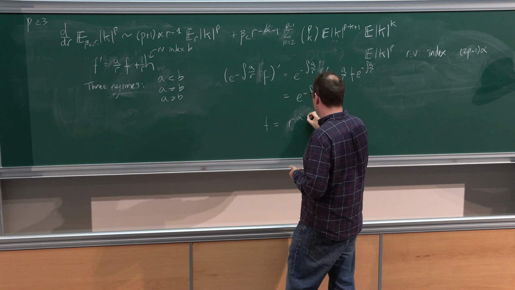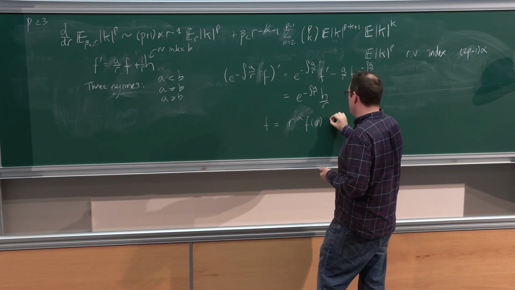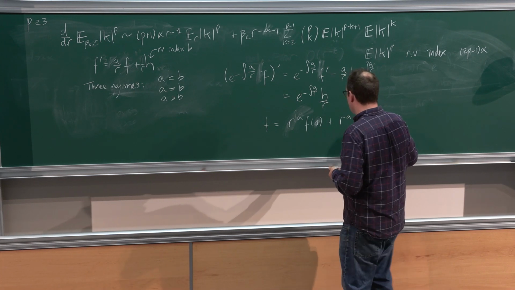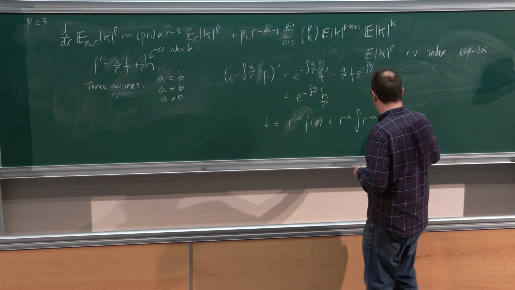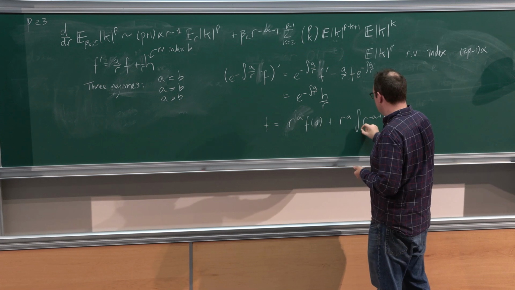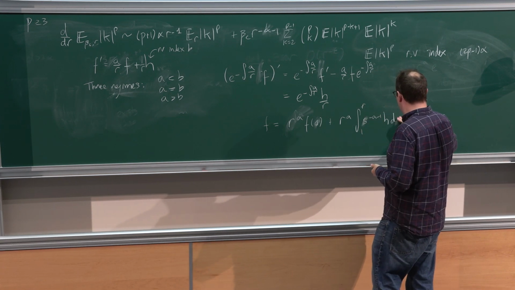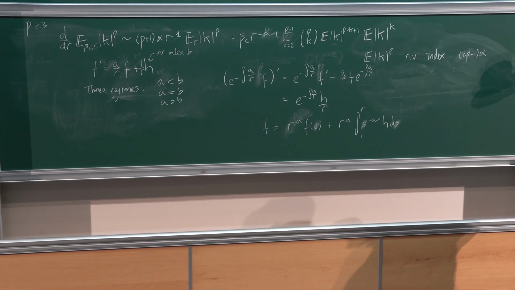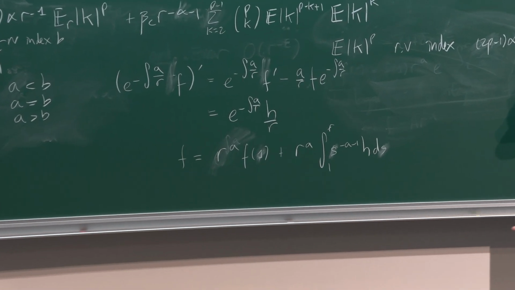R to the a, f of 0, let's do it to 1, f of 1 plus r to the a integral of r to the minus a minus 1 h. Let me change that. Okay, hopefully I did that correctly. But you'll tell me if I didn't.